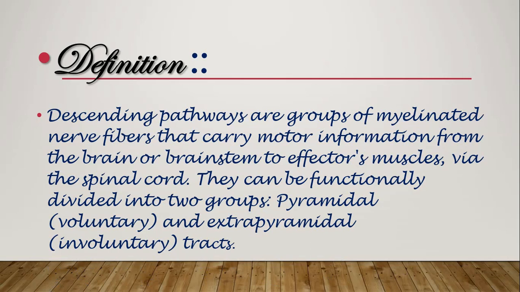But in Berne, they discuss another way of classifying the motor pathways, on the basis of their sites of termination in the spinal cord and the differences in their roles in the control of movement and posture.